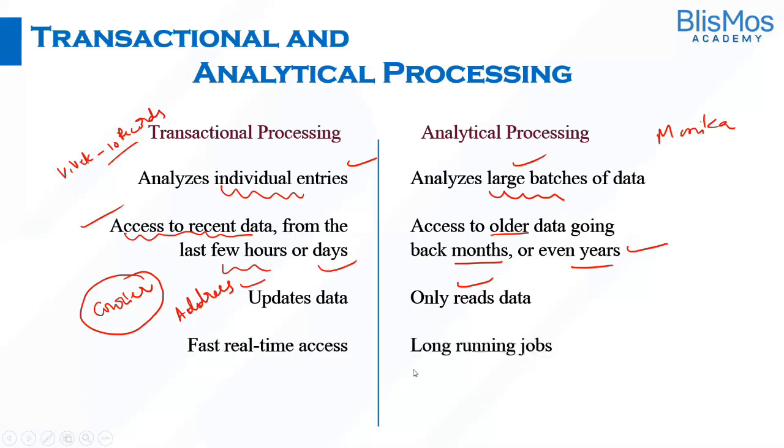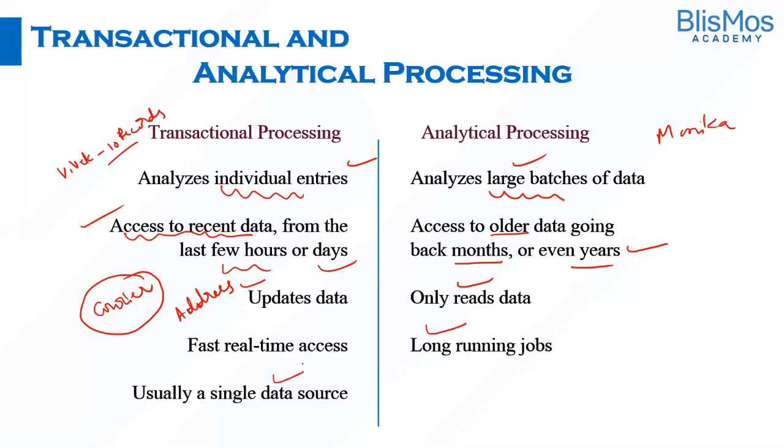Here in case of transactional data, there is a real-time access. But on the other hand, in analytical processing, we have long running jobs because the amount of data we are handling in analytical processing is more. That is the reason to fetch the data, to analyze the data, we would have long running jobs. Usually, in case of transactional processing, we would have a single data source.